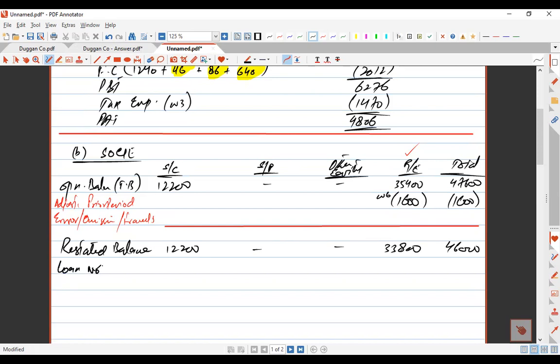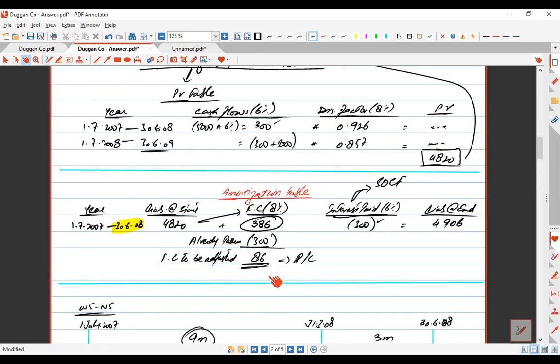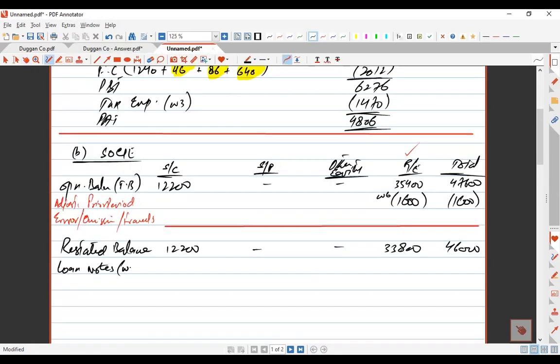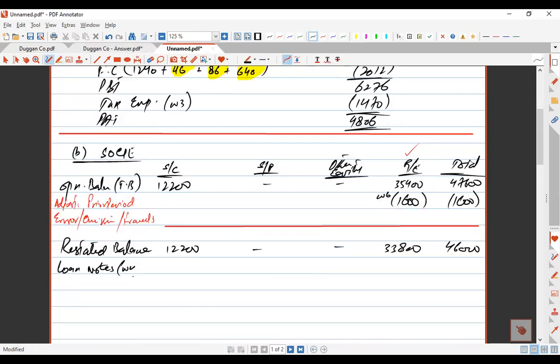Loan notes: once you issued the loan notes, under working number 4 the equity portion is calculated as 180. So from working number 4, the equity element calculated is reported to other equity, and the amount is 180, also reported in the total column.